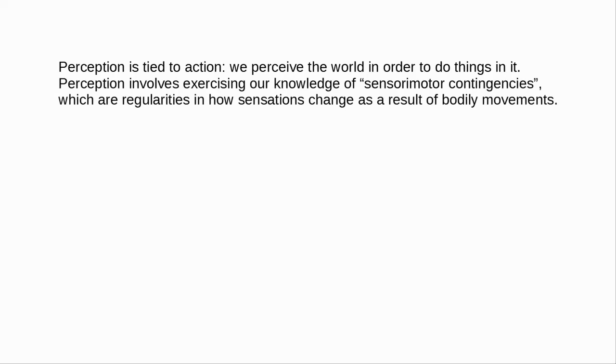In general, I know that an object will appear larger as I approach it. I know how its apparent angles will change as I move around it. I know how it will feel if I pick it up and how much force to use when doing so. I know how moving will reveal things occluded by the object. So in J.J. Gibson's language, we see the environment as affording various possibilities for action.